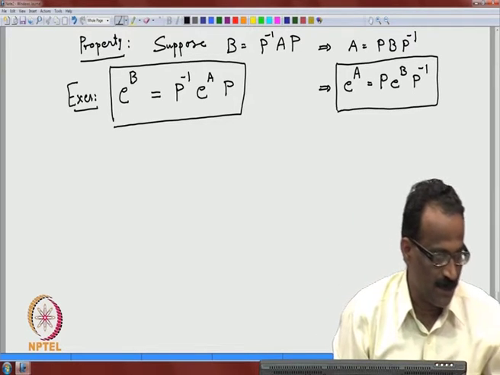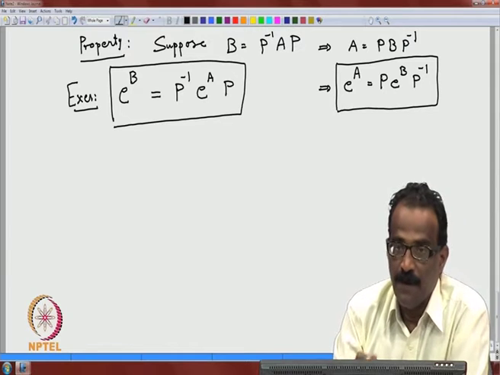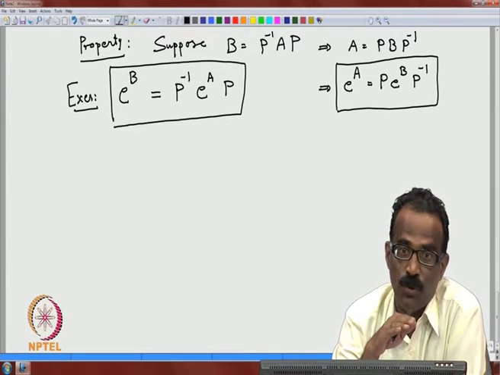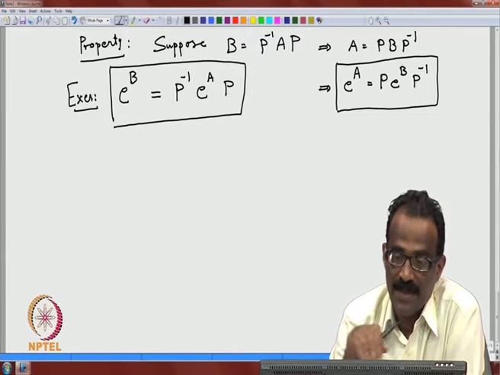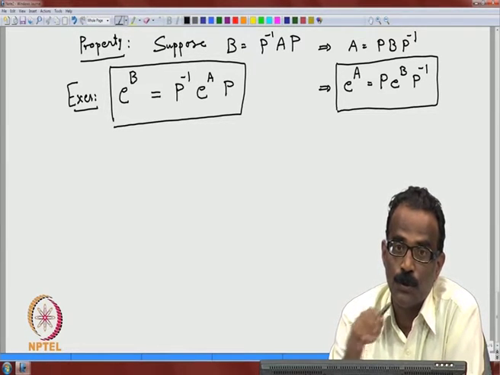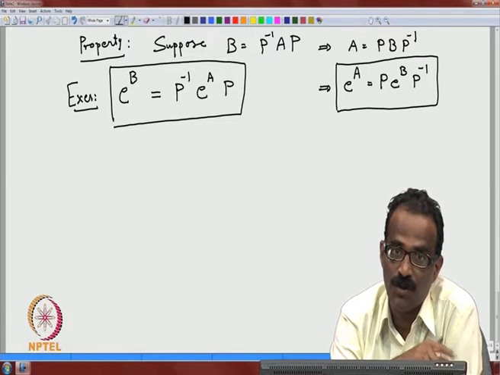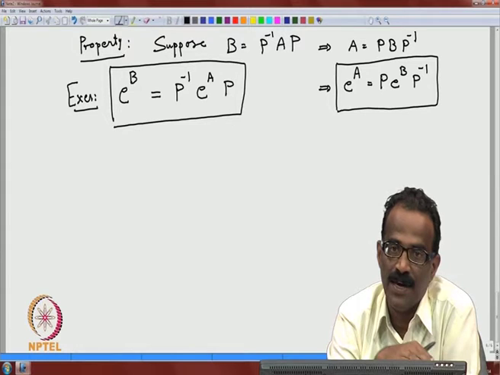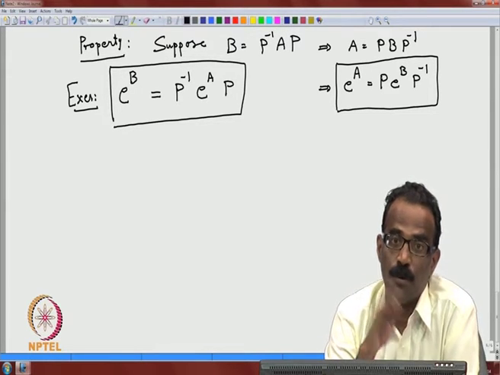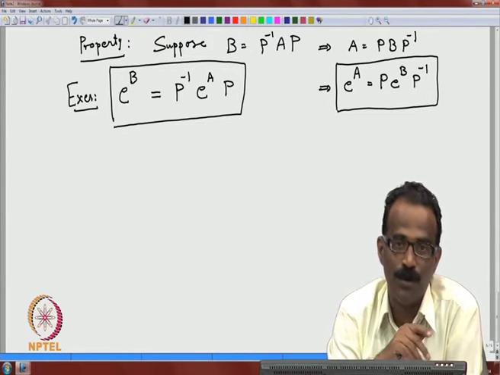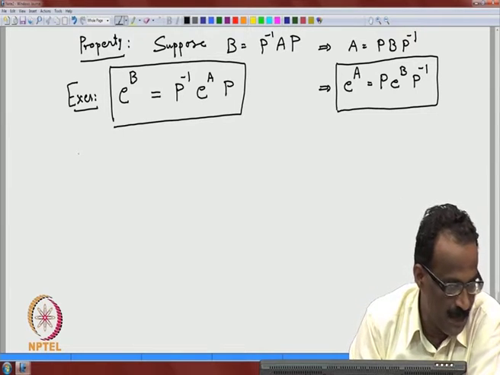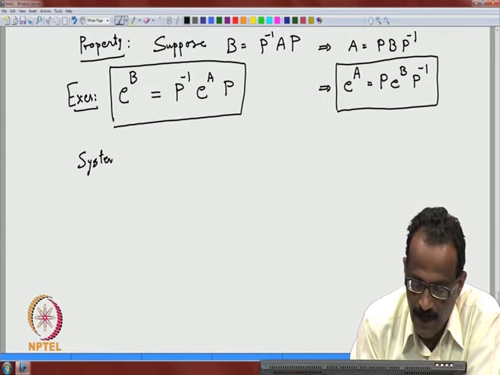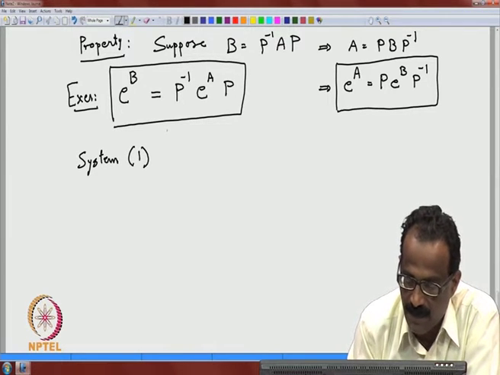Under this linear transformation, this helps. So, you have a linear system x dot equal to Ax, and this allows you to solve it, namely the system x dot equal to Ax can be obtained by solving another system corresponding to B. So, system 1, let me recall system 1.